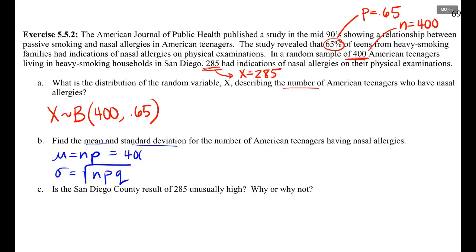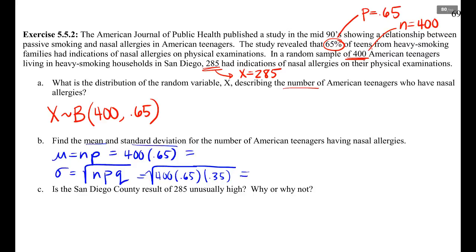N times P is just 400 times 0.65. What is our expected number of teenagers with nasal allergies? And then our standard deviation, 400, 0.65, and our Q, remember, is our probability of failure, or the opposite of our P. That's just going to be 0.35.